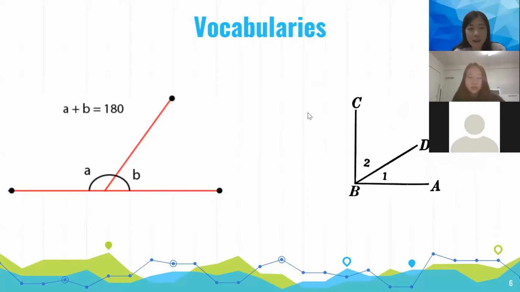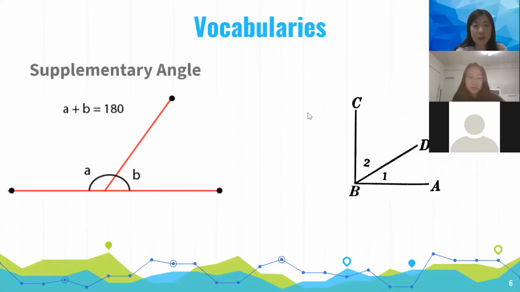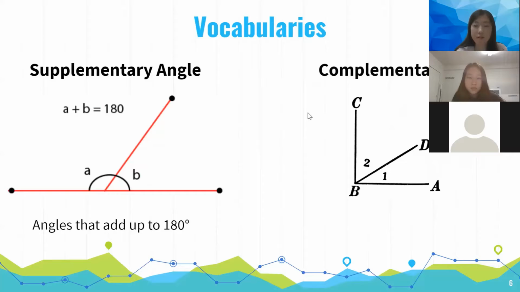And do you have any idea what these are? No. So the first one is a supplementary angle, and it's two angles that add up to 180, so it's a straight line. And the second one is a complementary angle, and it's two angles that add up to 90 degrees.